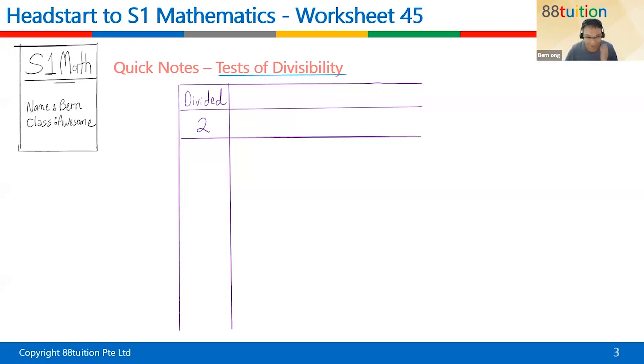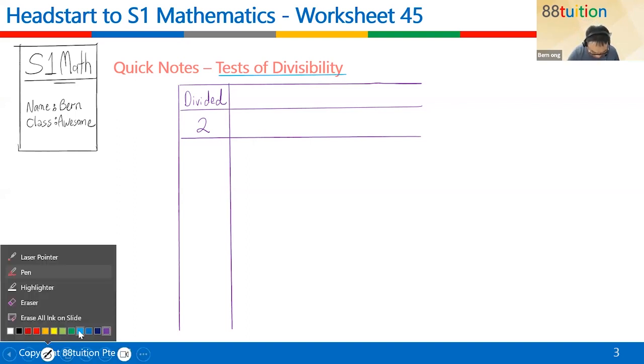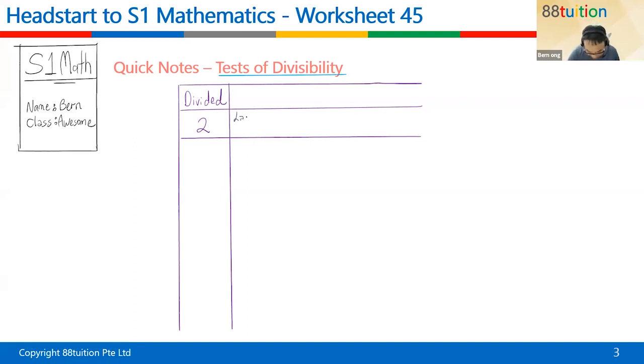All you have to ensure is that the last digit is an even number. What's the meaning of an even number? Even numbers are 2, 4, 6, 8, and 0. So if the last digit ends with 2, 4, 6, 8 or 0, it means it can definitely be divided by 2.